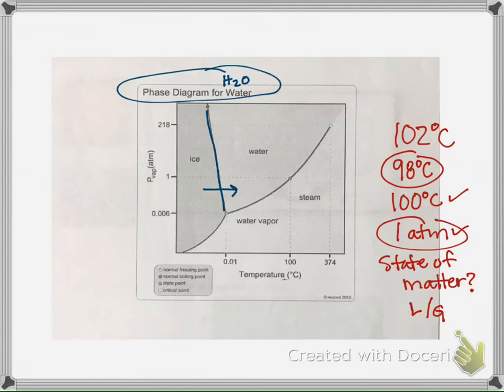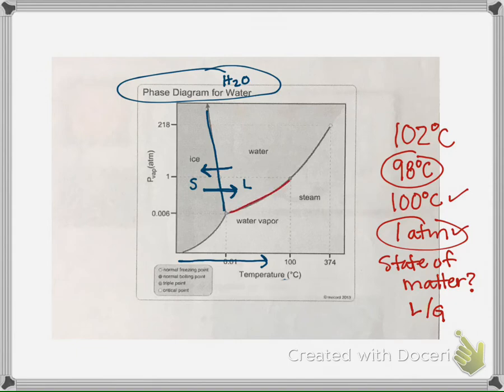That would be from a solid to a liquid. So this is going to be melting. If we go this way, that's liquid to solid. That's going to be freezing, okay? Which would make sense. If temperature is increasing down here, then yes, it's going to melt, all right? And if we are decreasing temperature, then it's going to freeze, right? So the diagram represents things that we already know, and it's supporting that.